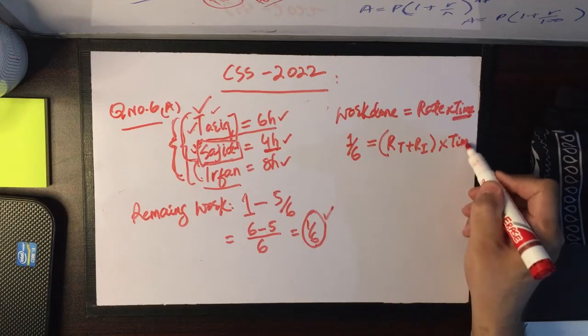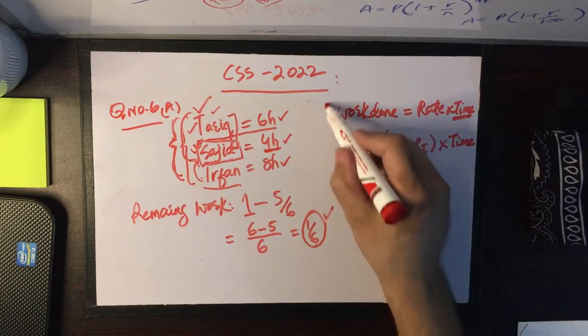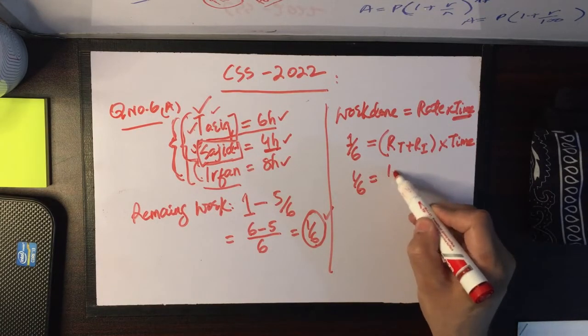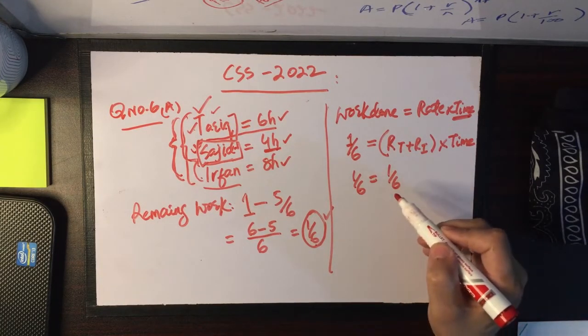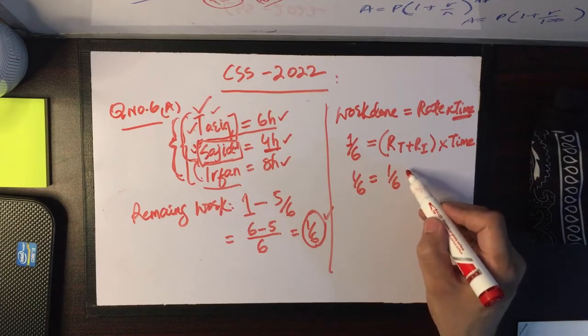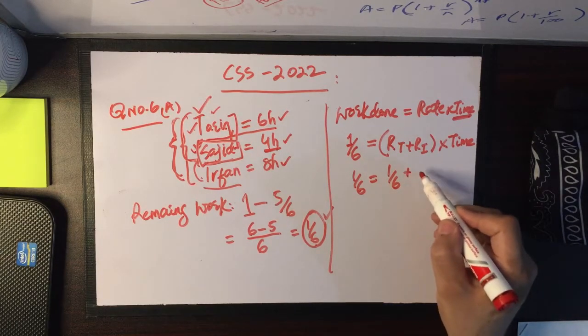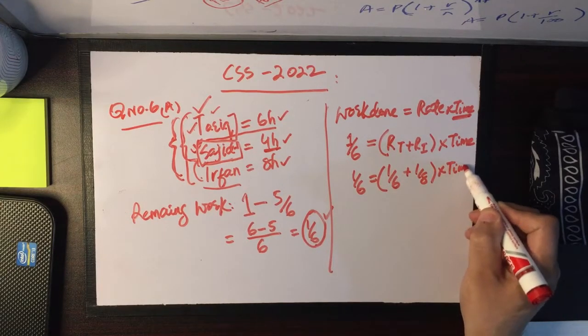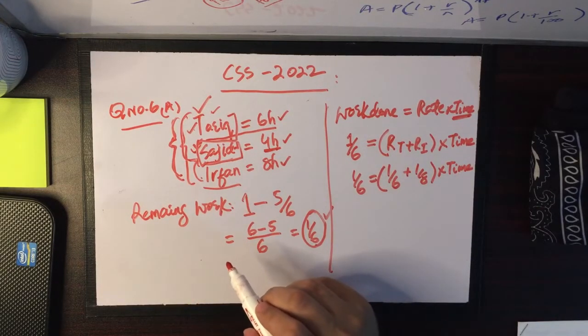We don't know the time. So what we'll do now: 1 over 6 is equal to rate of Tariq, which is 1 over 6, alright, plus rate of Irfan, which is 1 over 8, into time that we have to find out, alright.